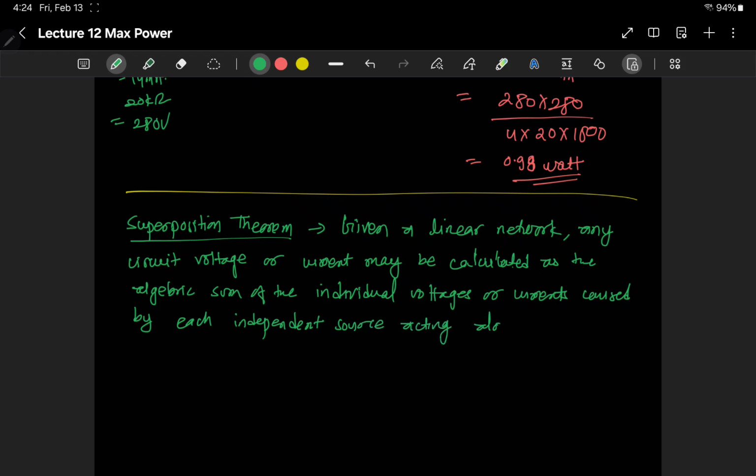So if you have more than one current or voltage source, and we are trying to find the effect of only one voltage or current source at a time, then the total effect produced will be the sum of those two effects.